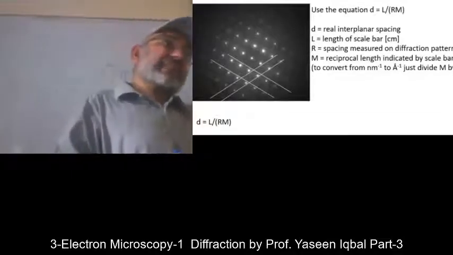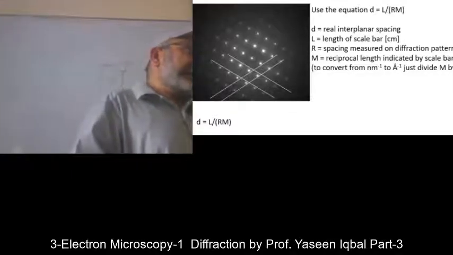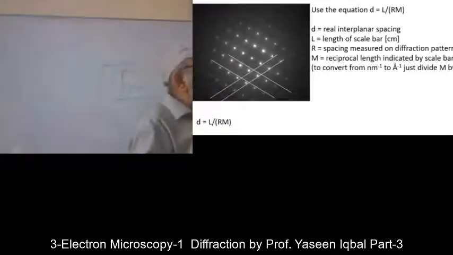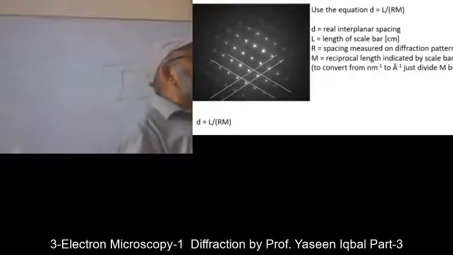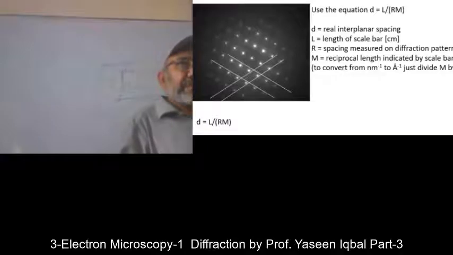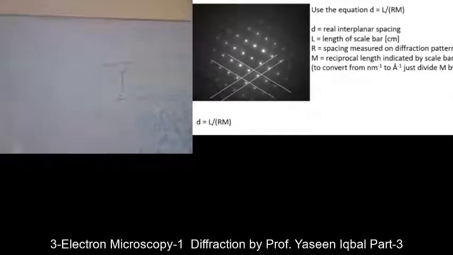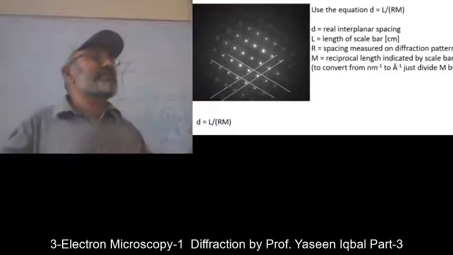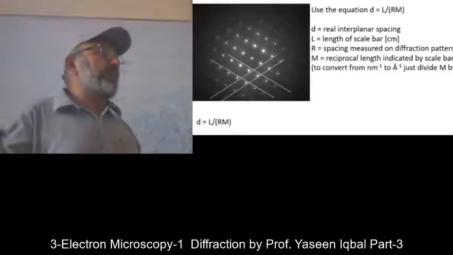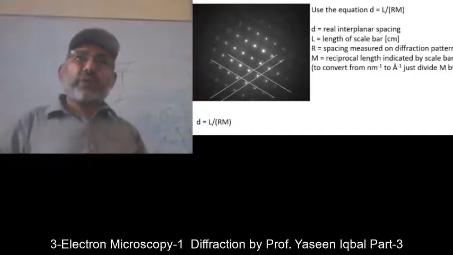Each spot is representing a plane. The spots in one line are parallel planes. Parallel means that if my 0 is here, then this is 100, this is 200, this is 300, and backwards minus 100, minus 200, minus 300. The choice is yours. Whichever point you select is the origin.